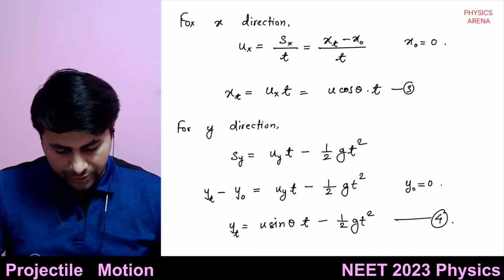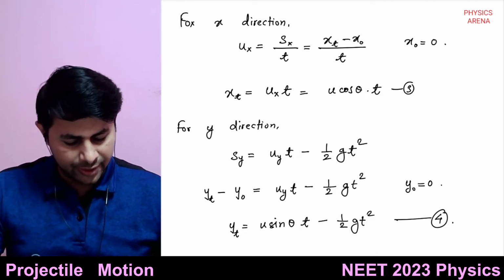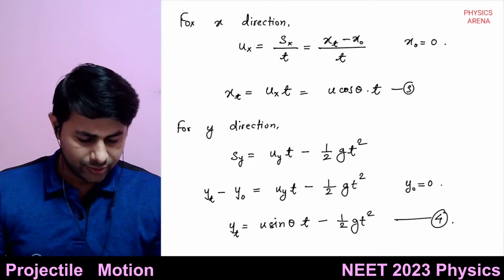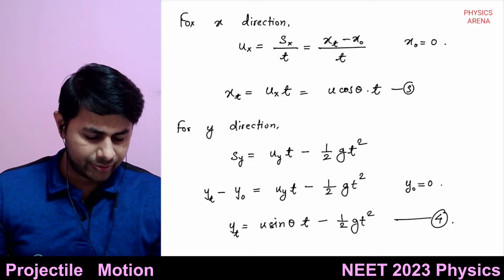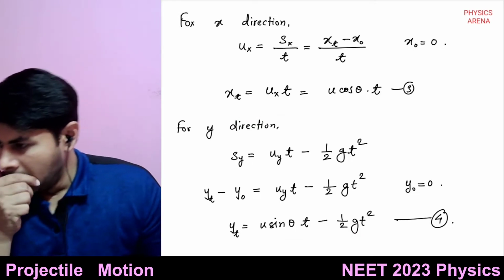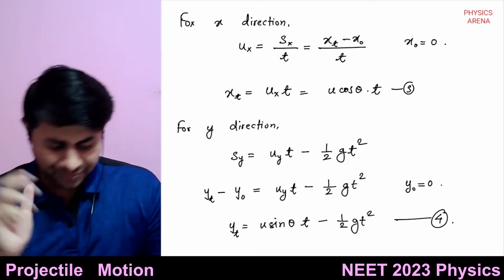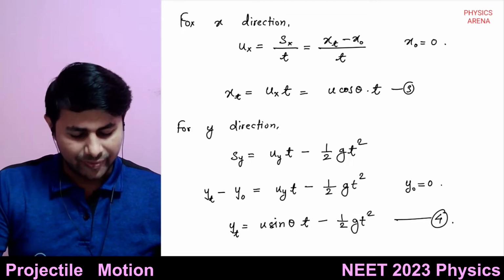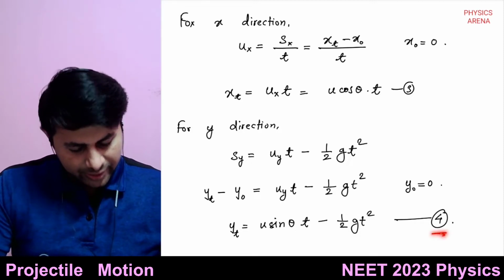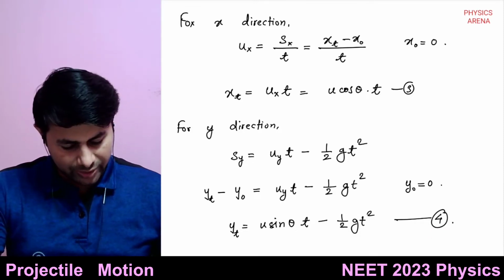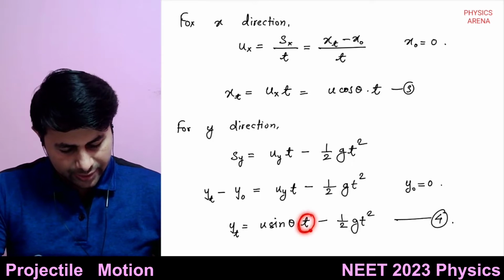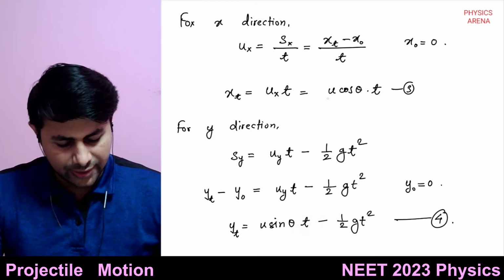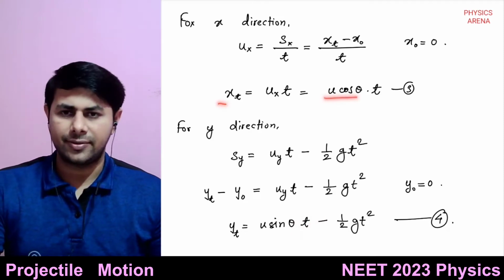Now what I will do is I will divide equation 4 by equation 3. Okay, so in this equation 4, what I will do is I will put this time as u cos theta divided by x.